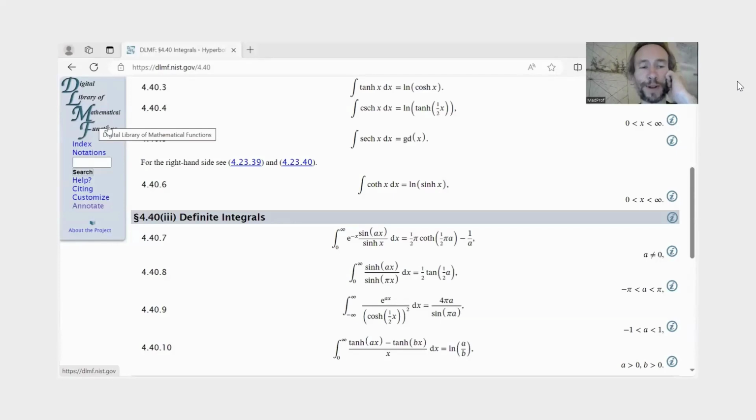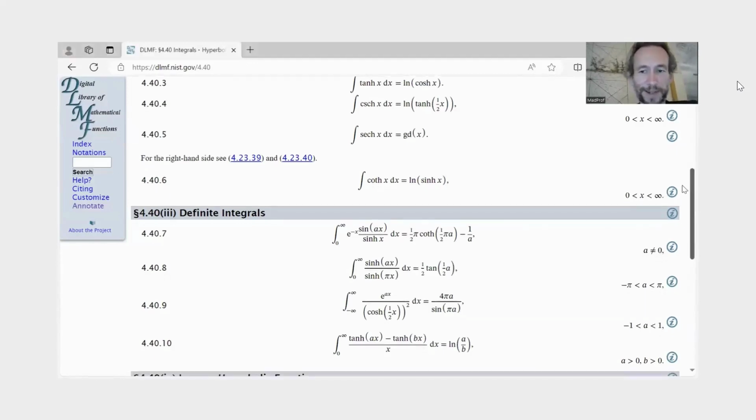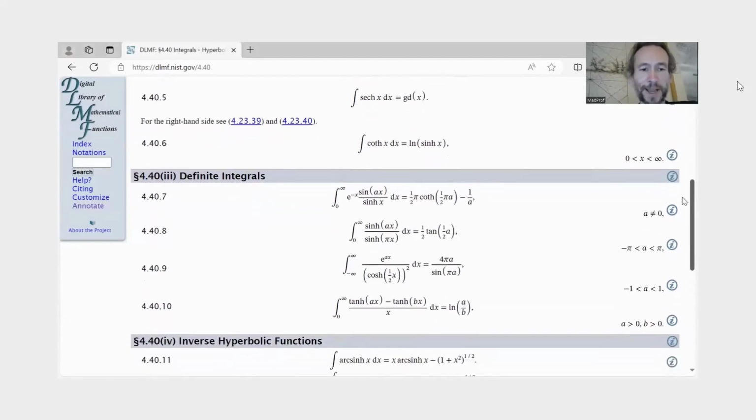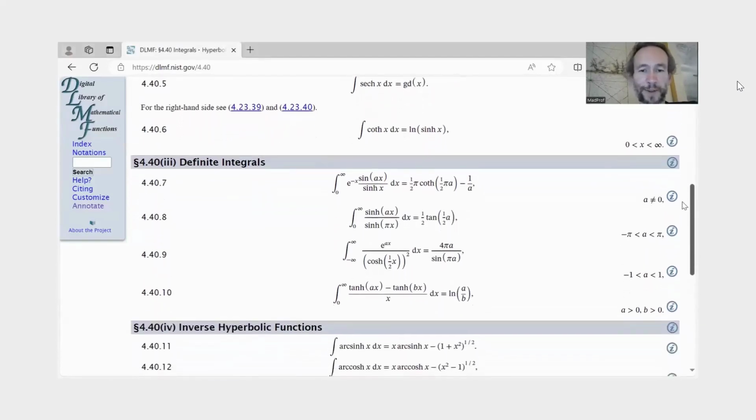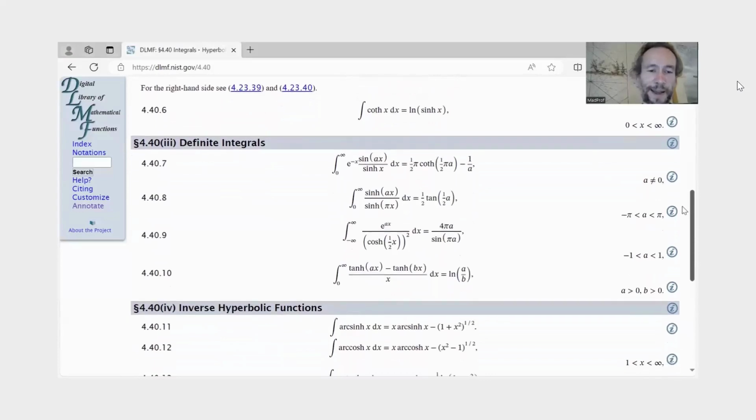And chapter 4 of this online handbook has information about hyperbolic functions, and then there's a section about that which is about integrals with hyperbolic functions. And then lo and behold, if you look down here at 4.40.9, this integral here has got a hyperbolic secant squared.